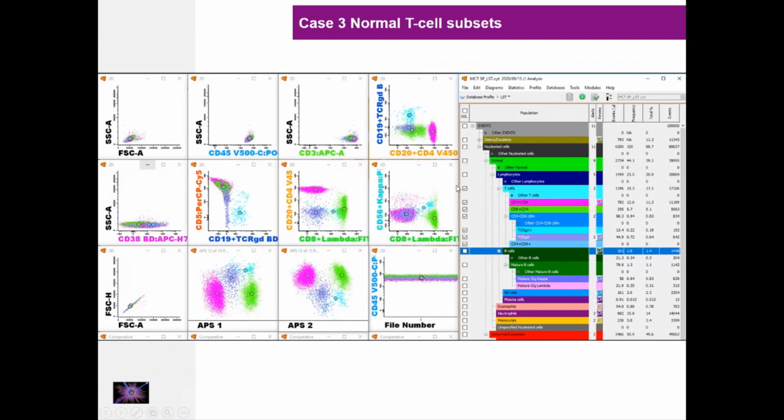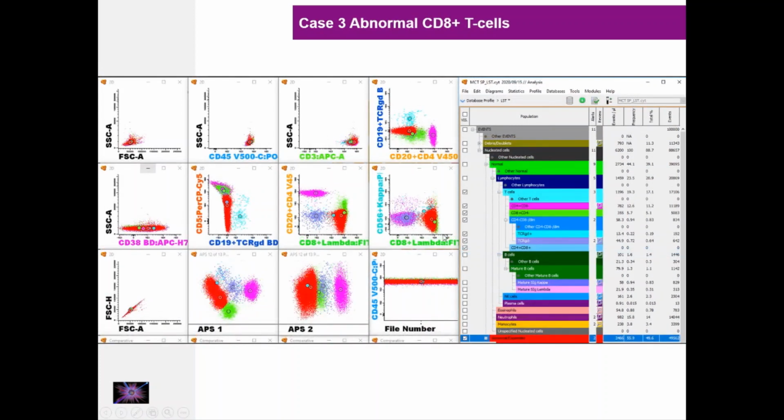The third case is another T cell case. So we have here displayed the subpopulations of the T cells, the double negatives, we have the gamma delta positive cells, we have the auxiliary T cells, cytotoxic T cells, and then there's a cluster of cells which are CD8 positive, and when we look at the expression of the CD5, we clearly see it's different from the rest of the normal T cells.